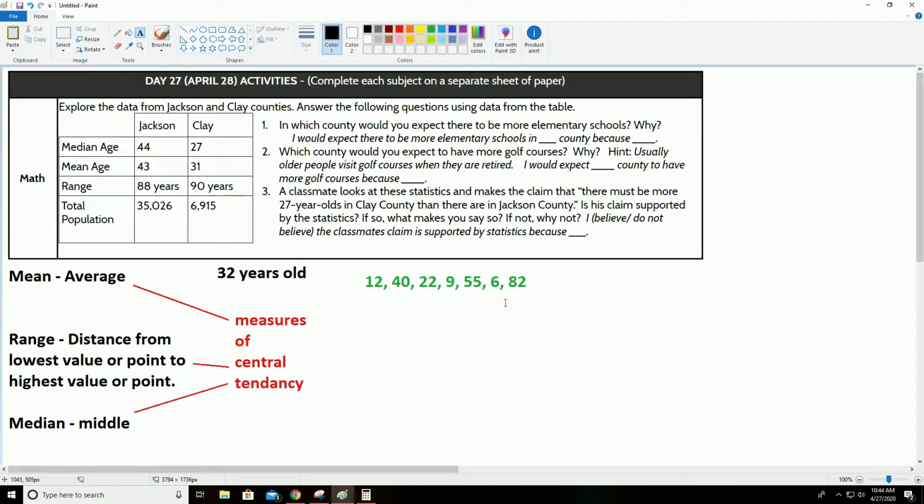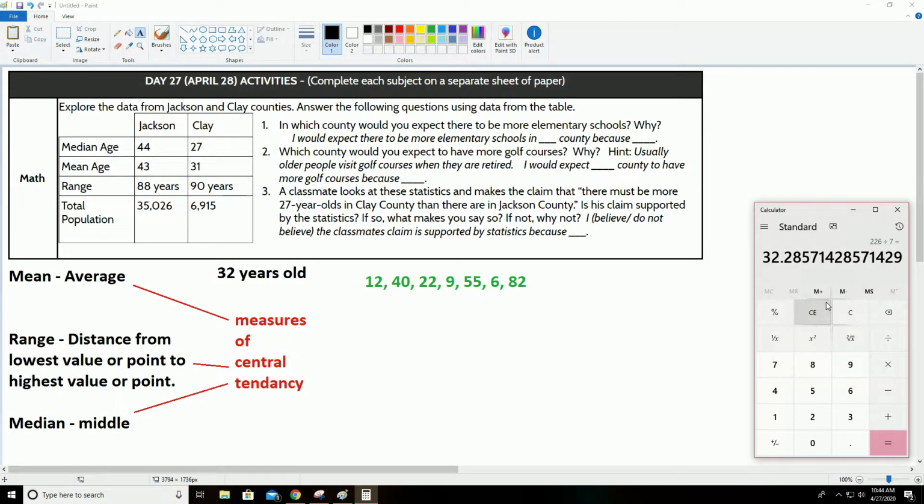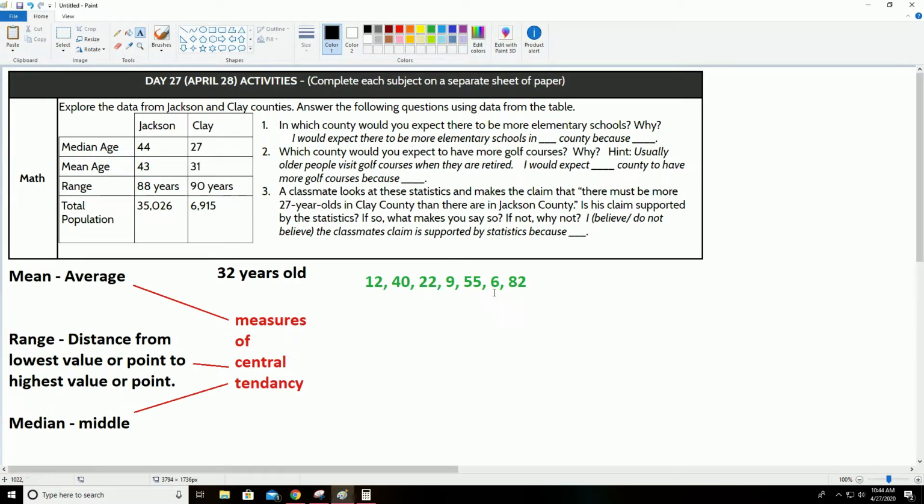It's the 6, right? So the lowest number here is our 6. And then what's our highest number? It's definitely not 12 or 40. Hey, it's right next to it, 82. So I'll circle the biggest. This is going to be our largest number, and this is our smallest number.